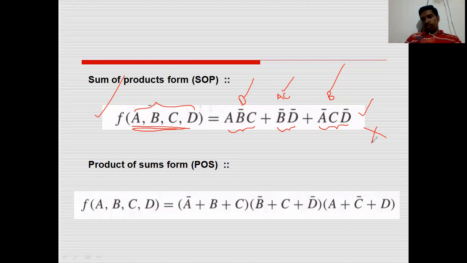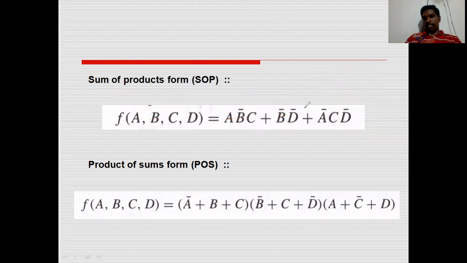Because in each and every term not all the literals exist. I have four literals, but I do not have four literals in each and every term. Here two are there, here three are there. In the left hand side the function depends on four literals, but in the right hand side the expression consists of only three literals. In each and every term one literal is missing. That's why it is not canonical. It is only a normal form.